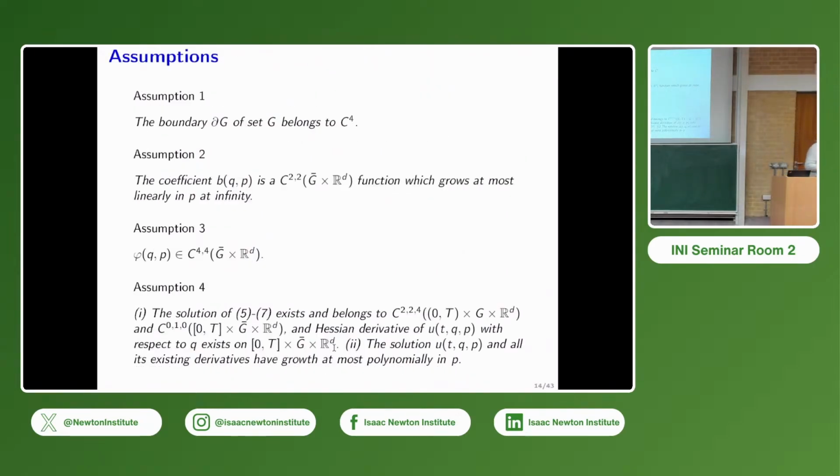We will need assumptions on smoothness. Again, our purpose is to design methods, not to look for optimal assumptions. So we need a smooth boundary. For finite time convergence, we need this coefficient to be sufficiently smooth, globally Lipschitz in P. We need smooth test functions, and we also need some assumptions on smoothness of the solution to the Kolmogorov equation.